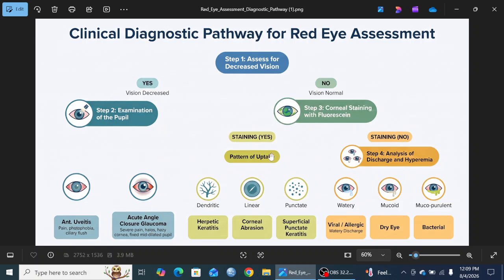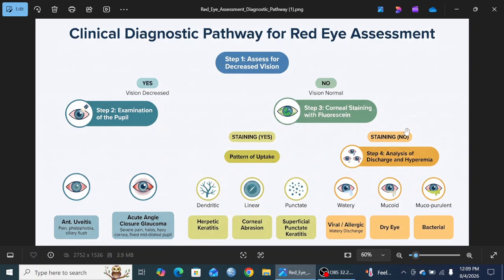So, this algorithm simplifies the diagnosis into just four important clinical questions. Has the patient's vision decreased? If the vision is decreased, what does the pupil look like? If the vision is normal, does the cornea stain with fluorescein? And if the cornea is normal, what type of discharge is present?